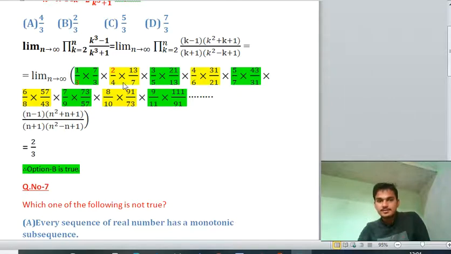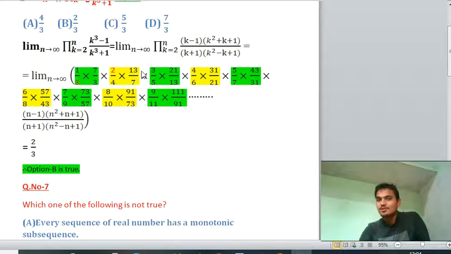I hope you understood this. Then we will observe the pattern among these numbers. You can see 7 is there as numerator and 7 is there as denominator, so the 7 will be cancelled.